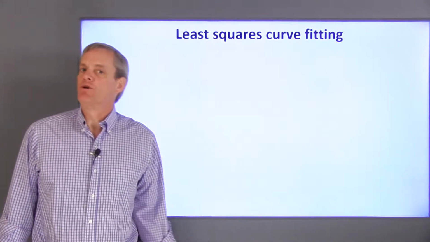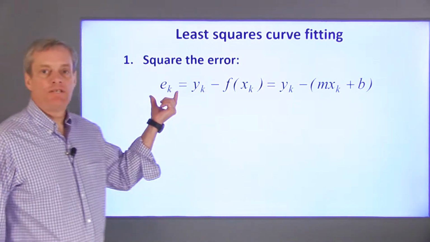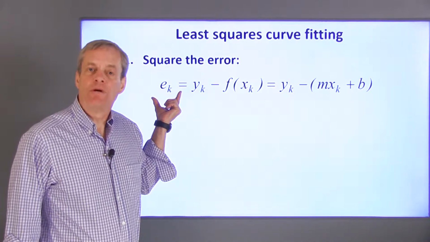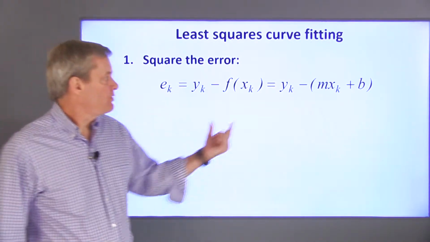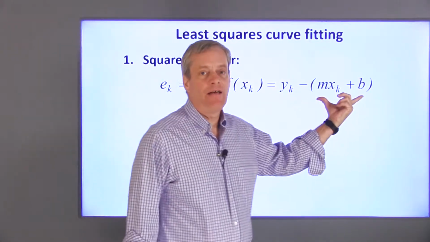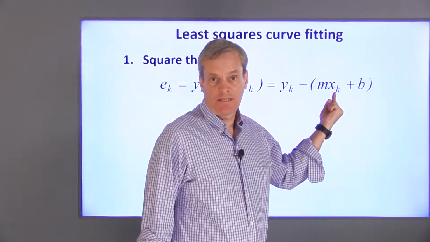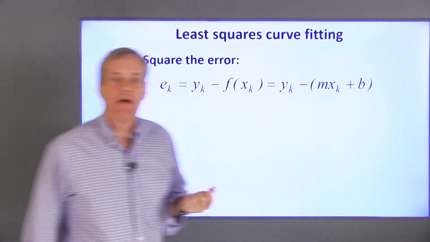Now let's briefly go over the math associated with this approach. The first step is to define the error at data point k, which is the difference between the measured value of y at the kth data point and the value of y that would be given by the curve fit, which would be m times x sub k plus b.